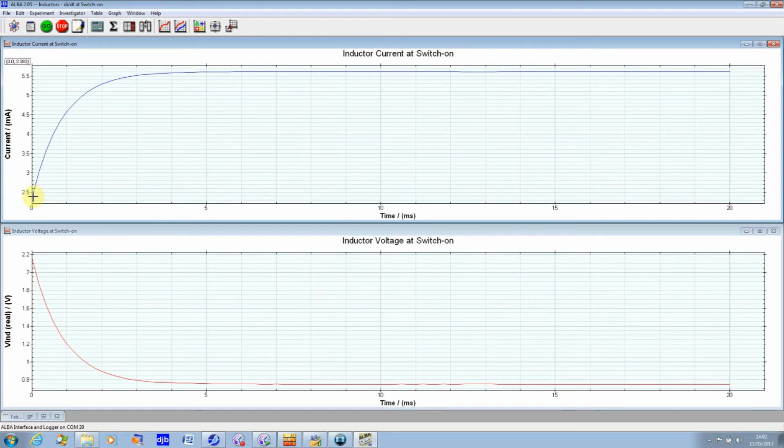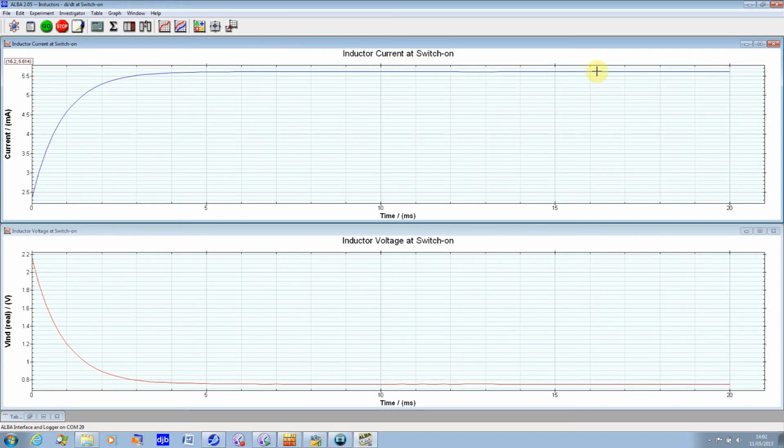Notice that as the current is changing rapidly, we've got induced voltage, and the rate of change is less here, and the value of the induced voltage is less. We notice also that the value of the induced voltage across this inductor doesn't come to zero, even though the current is not changing.